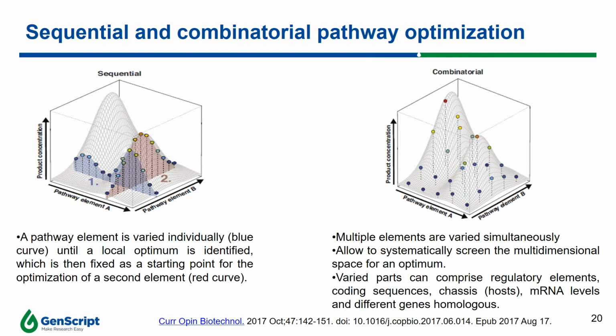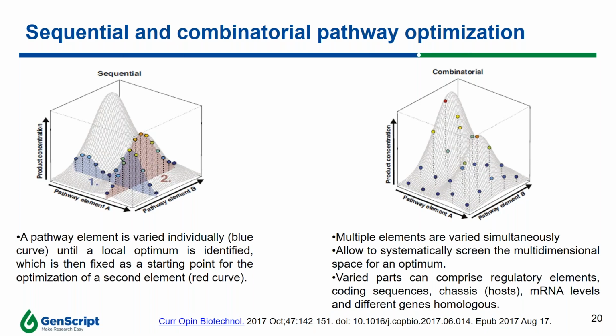There are two different types of optimization approaches which were published in 2017 in this article. In brief, in the sequential pathway optimization, which was shown on the left panel, a pathway element is varied individually, as indicated as a blue curve, until a local optimum is identified, which is then fixed as a starting point for the optimization of a second element, which was indicated as a red curve, and also the same for the other elements.